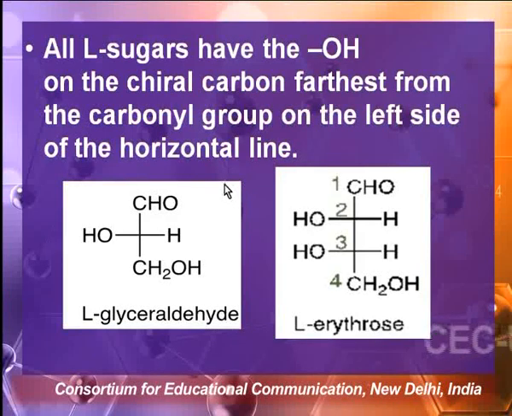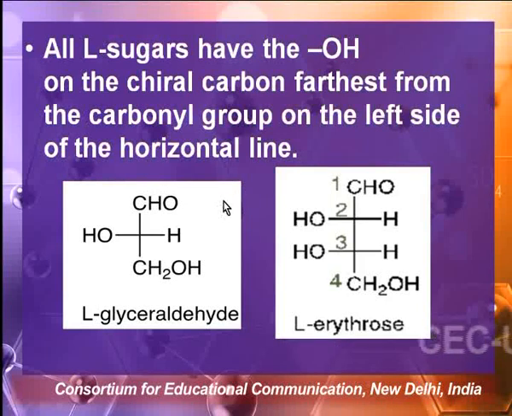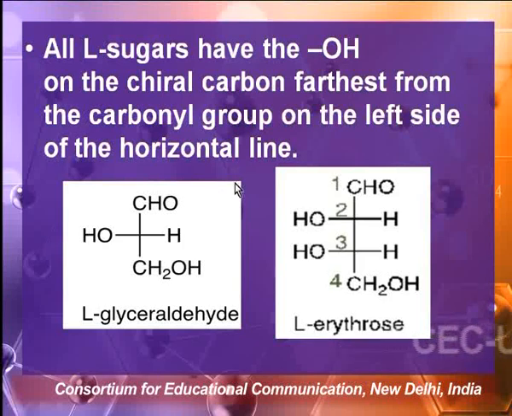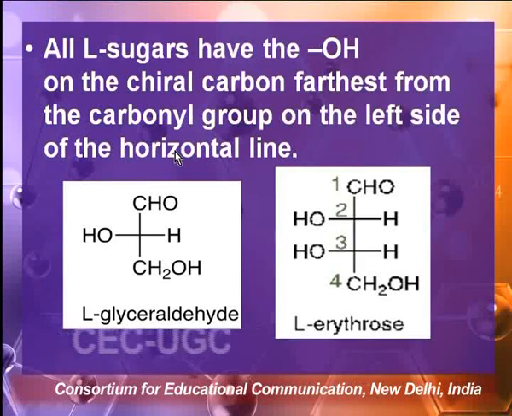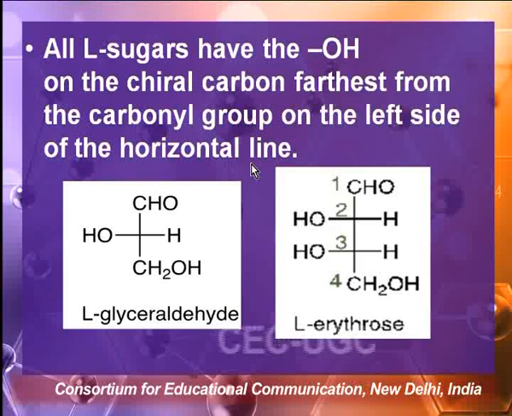configuration. Now we know sugars belong to two series, the D series and the L series. D series are normally the sugars which occur naturally, that is, they occur in nature. What I mean by D sugars or L sugars is that all L sugars have the OH on the chiral carbon furthest from the carbonyl group on the left hand side of the horizontal line.